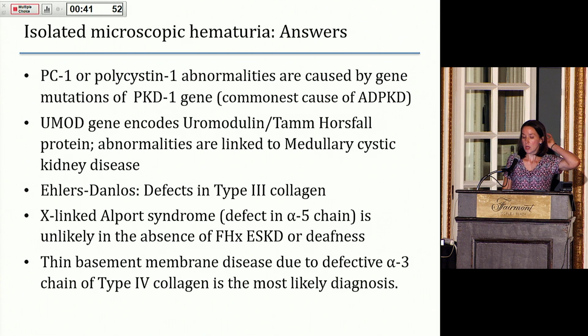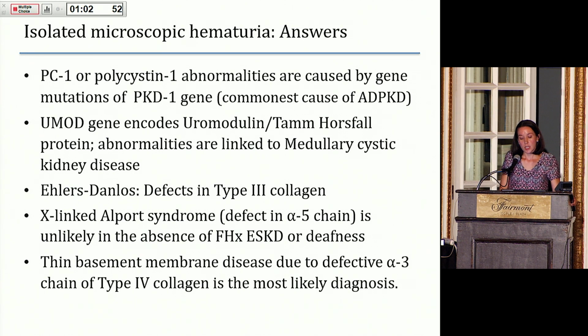So PC1, as you know, is a mutation in the PKD1 gene, which is the commonest cause of ADPKD. UMOD gene encodes Tamm-Horsfall protein, and abnormalities here are seen in medullary cystic kidney disease. Type 3 collagen is Ehlers-Danlos syndrome, so not really relevant to us.